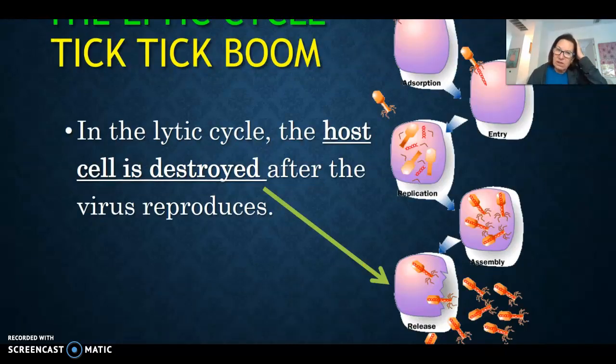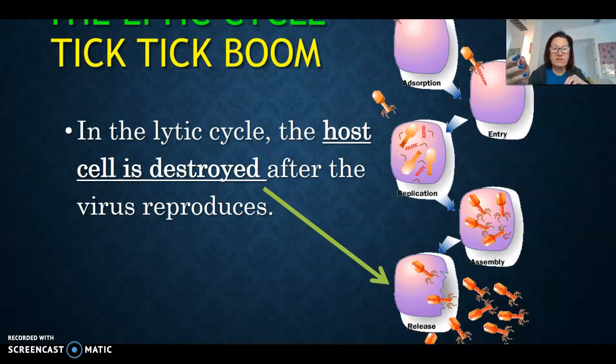Okay, so we have the lytic cycle, and you can see how it says lytic. So we think of that as tick, tick, boom, right? Because this is going to explode right away. So our coronavirus is happening right away.